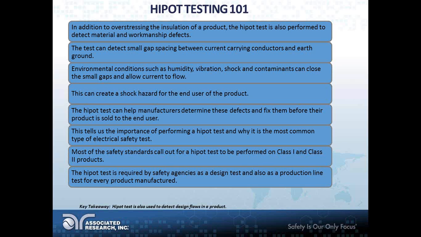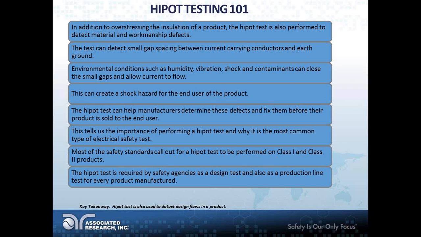The Hipot test is required by safety agencies as a design test and also a production line test for every product that's manufactured. Now, once again, a quick review on design tests and production line tests. Design tests are usually performed to detect product flaws during the design stage of an electrical product.